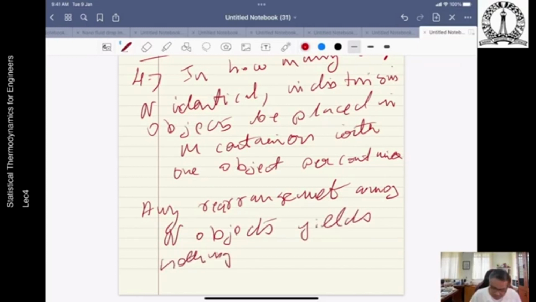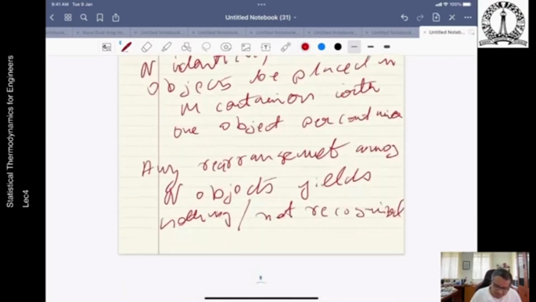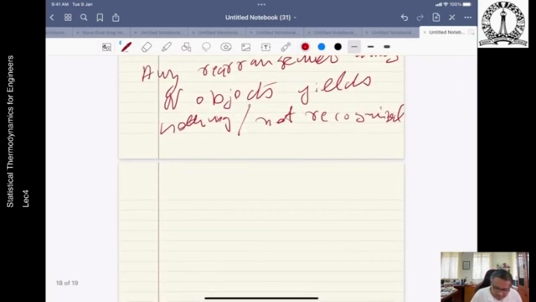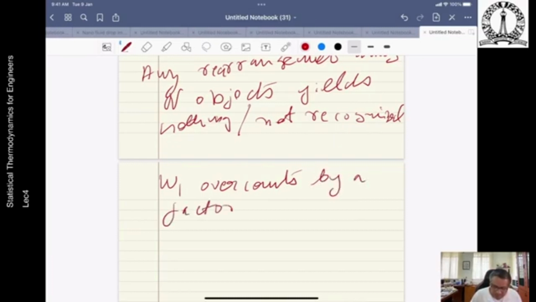That means it is not recognized. You cannot differentiate. As a result, your W1 overcounts by a factor of n factorial.